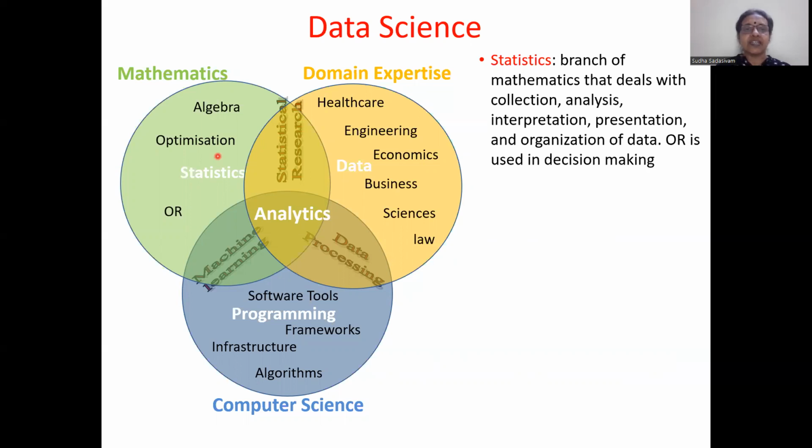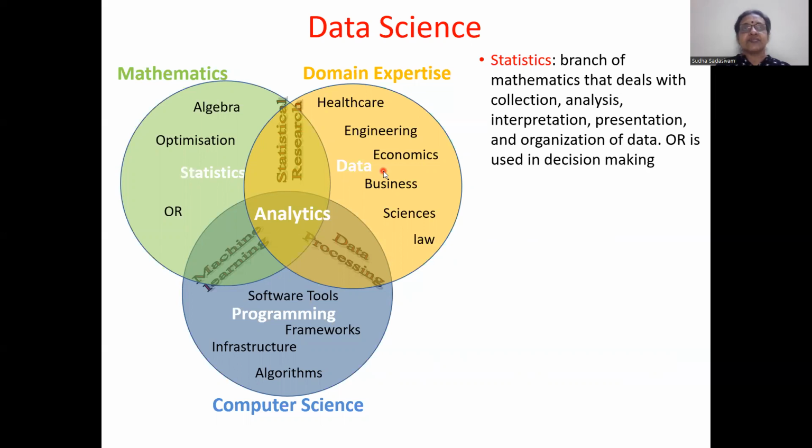Statistics is basically a branch of mathematics that deals with collection, analysis, interpretation, presentation, and organization of a set of data which has been provided to you. The amount of data provided here is less.